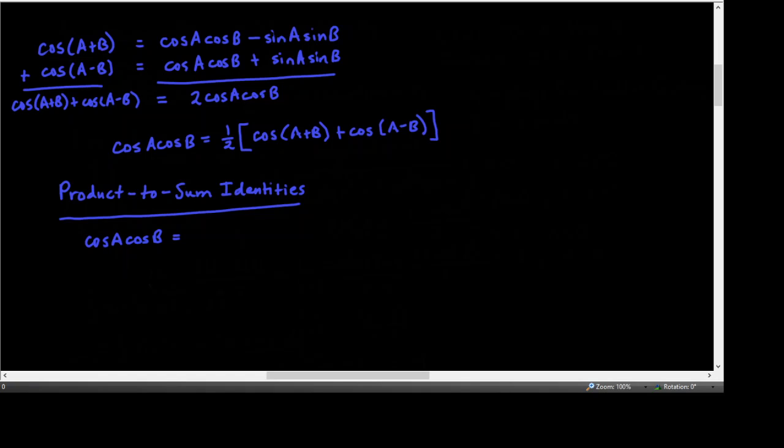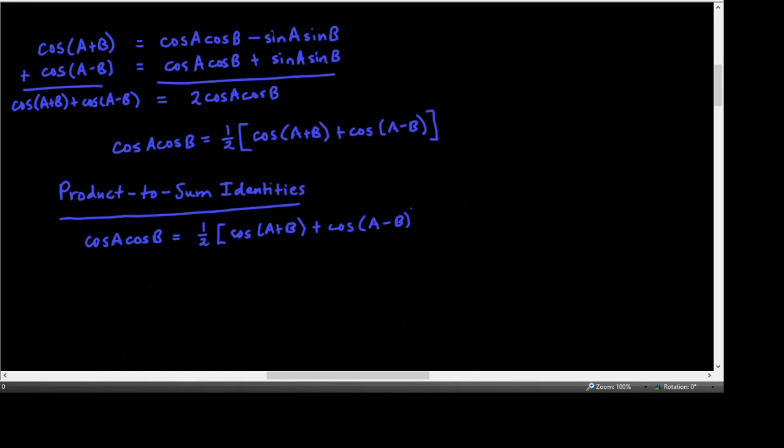So I have the cosine of something times the cosine of something different. And that becomes 1/2 times the cosine of the sum of those two different things plus the cosine of the difference of those two things.